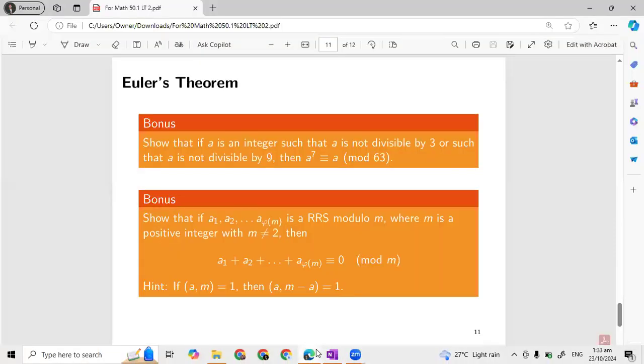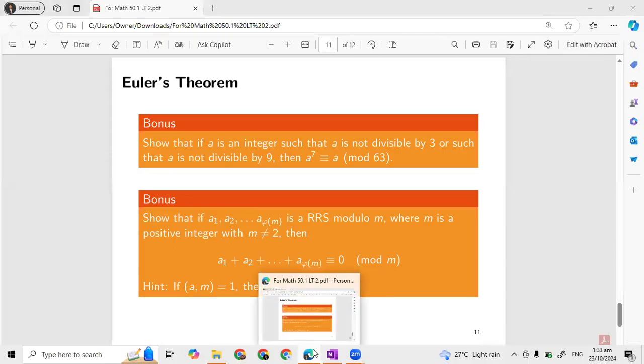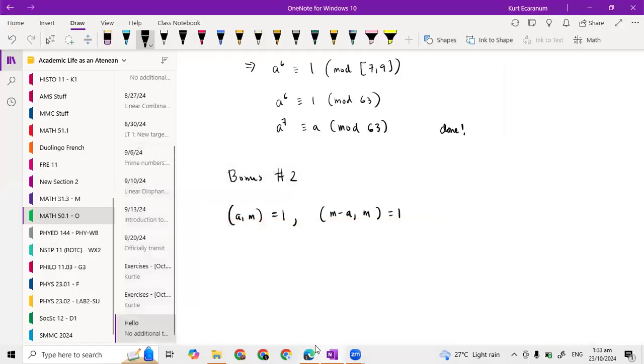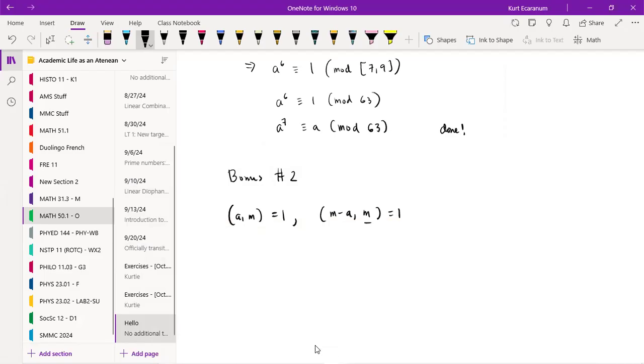This is more appropriate, because it's not modulo a, it's modulo m.